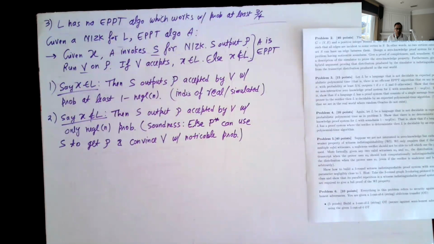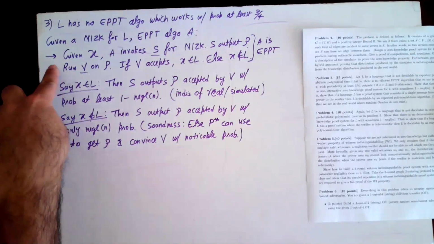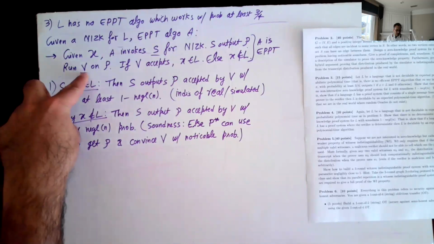No, but the simulator outputs some proof, right? How do you know if the proof is valid or not? The simulator might even output some junk if X is not in L, right? Okay, so what is the algorithm that you're proposing if you don't run V?